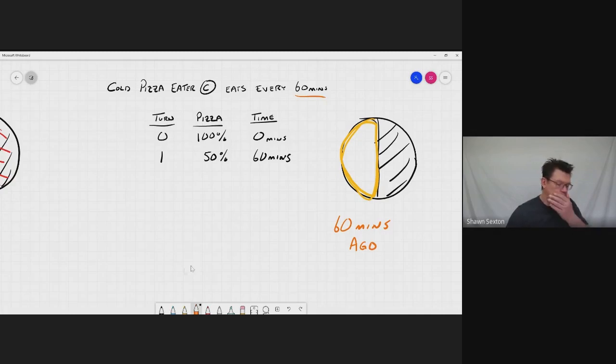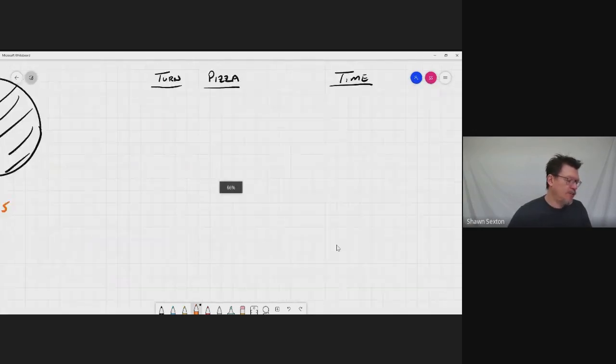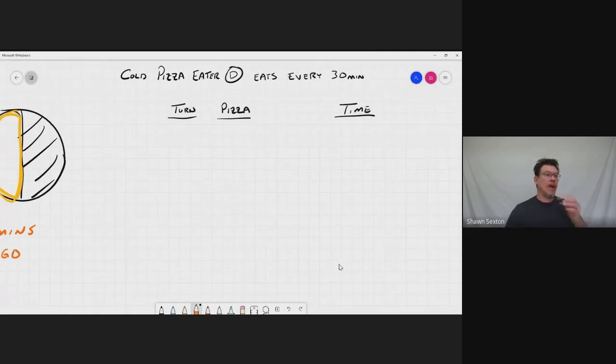Okay. So sometimes we have to look for different kinds of evidence. So far for Pizza Eater A, B, and C, we've looked at how much pizza is left in the box. But sometimes we have to look for a different kind of evidence, because in this case, there's definitely a process that goes on with pizza. So what happens to pizza once you eat it?